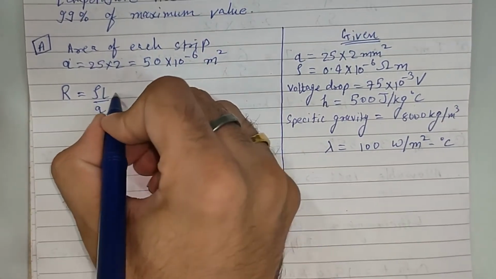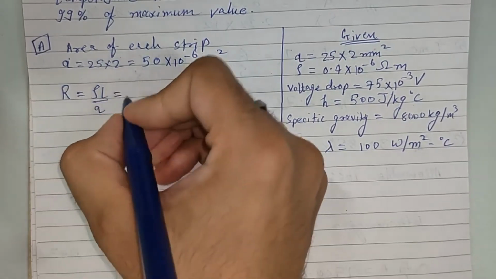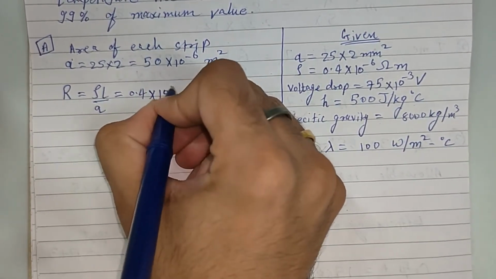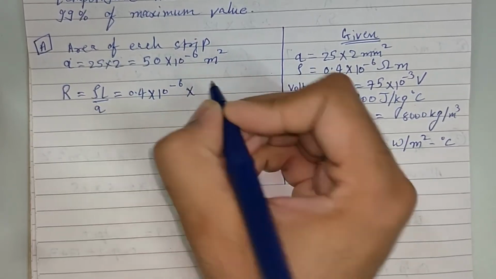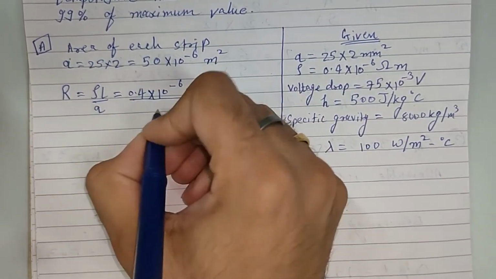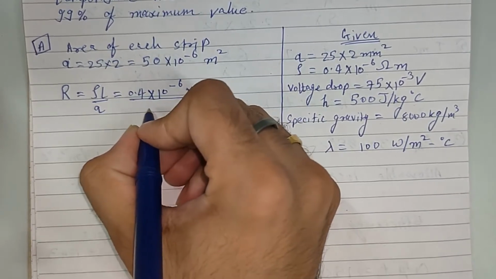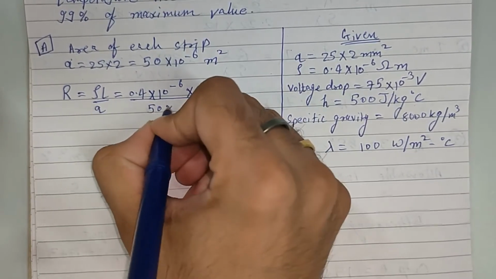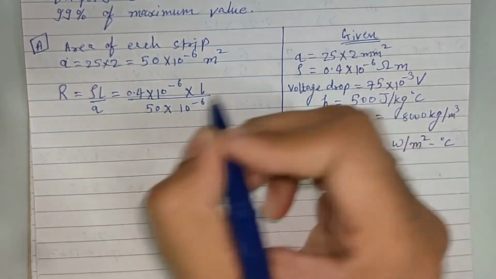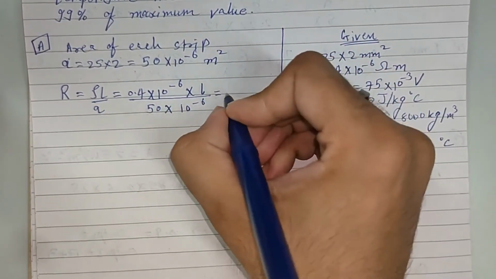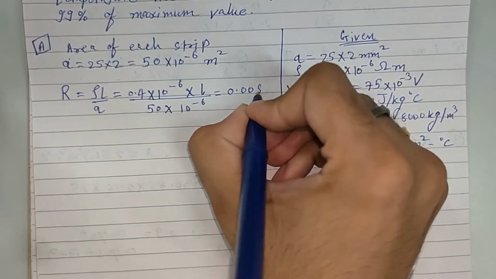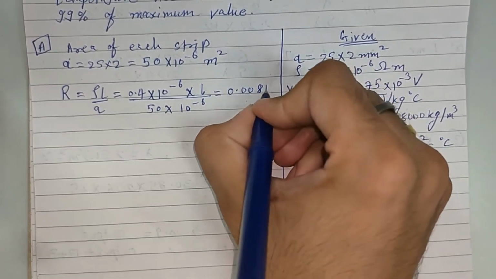So capital R is nothing but 0.4 into 10 raised to minus 6 multiplied with the length, that is small l, divided by the cross-sectional area, that is 50 into 10 raised to minus 6. Further simplifying this, you get the resistance as 0.008 small l.